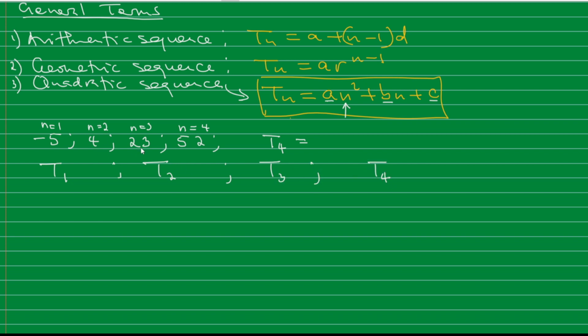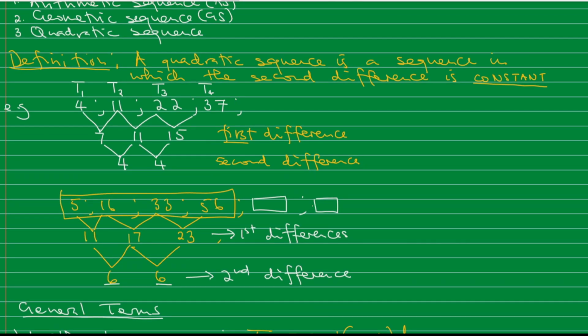You'll find that most of the sequences that I've written here have 4 terms: 1, 2, 3, 4. The minimum is 4. Why? Because we want a situation where, when we get our first differences, we have 3 numbers, and then the last row should have a minimum of 2 values because we want to compare.